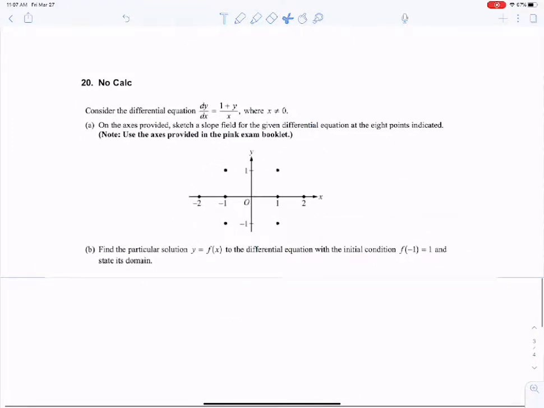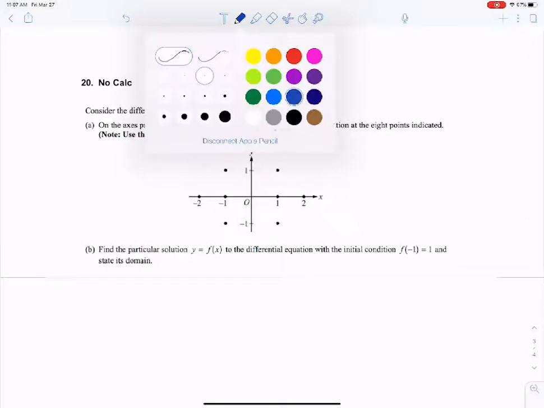Okay, let's see what we got here. So first thing we're supposed to do is our normal thing, make our slope field.